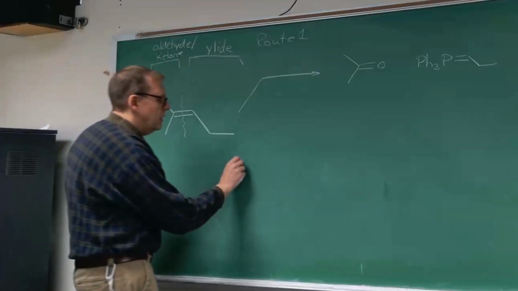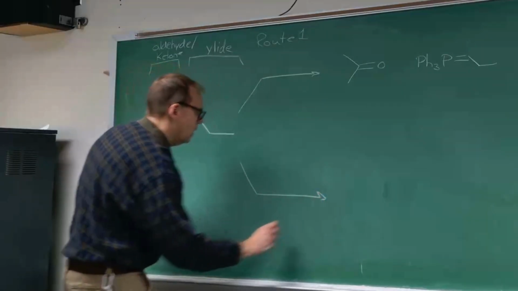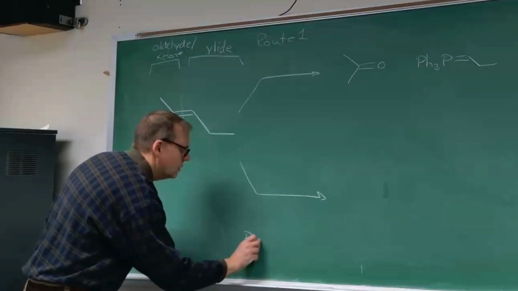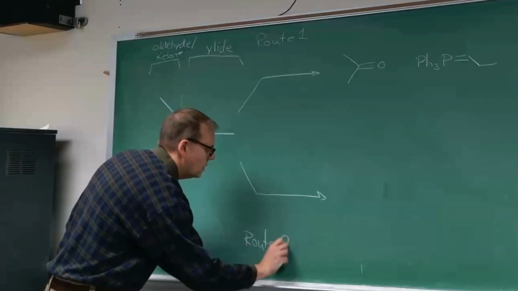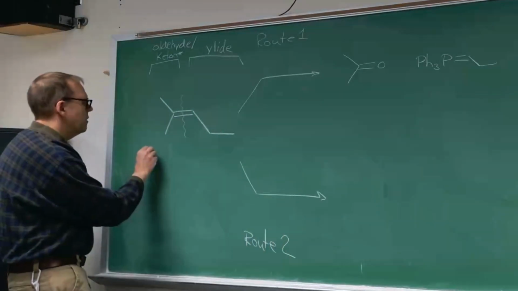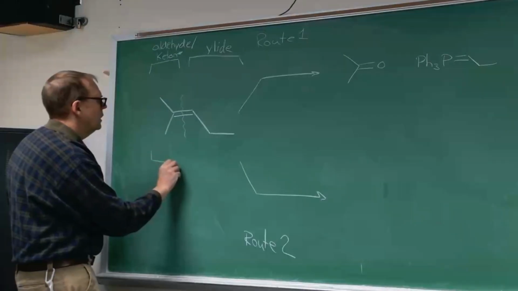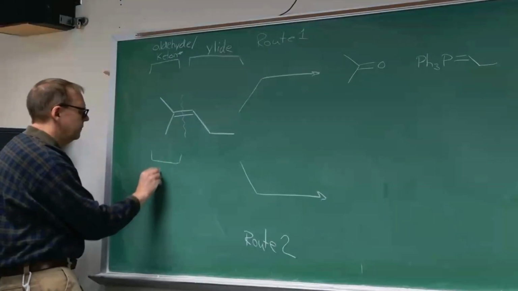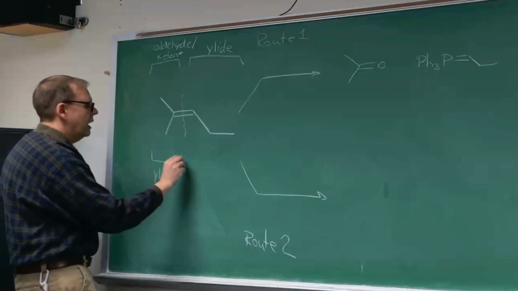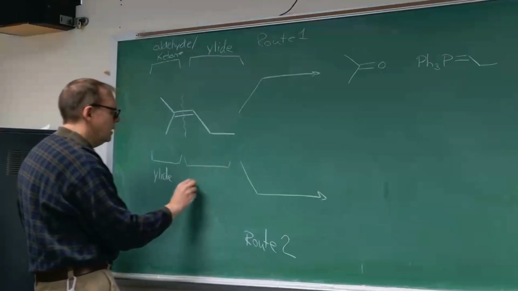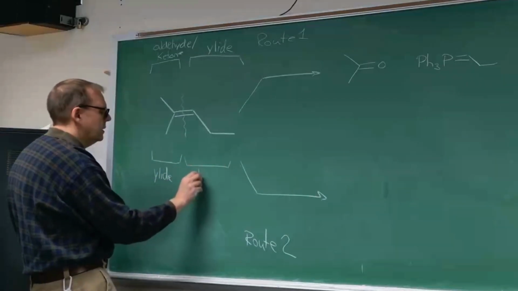The other option, which we'll look at, is I'll call it route 2. It would be where this part is the ylide, and this part on the right would be the aldehyde or ketone piece.